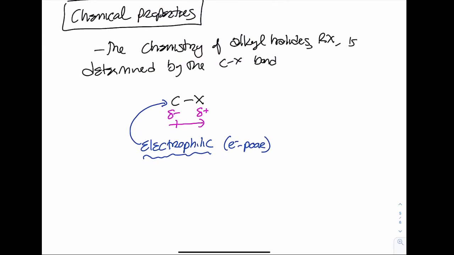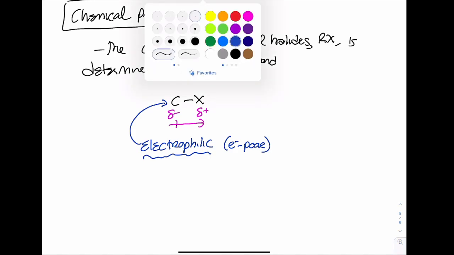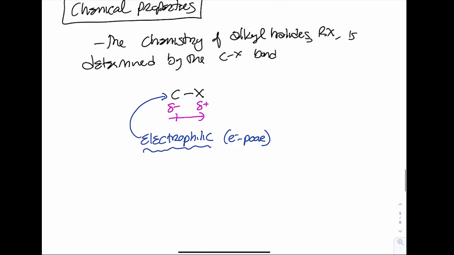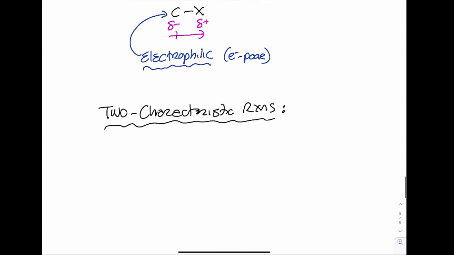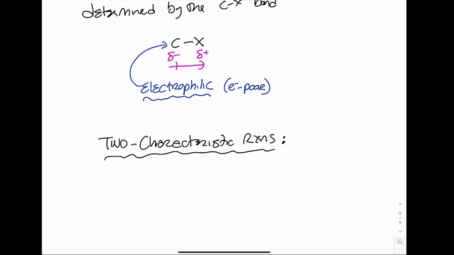So two characteristic reactions of alkyl halides. Our first one is nucleophilic substitution. So as I just said, a nucleophile can actually attack that electrophilic carbon.